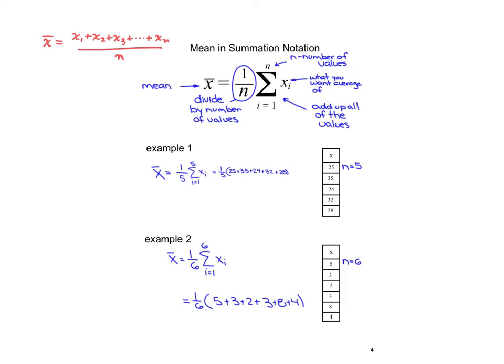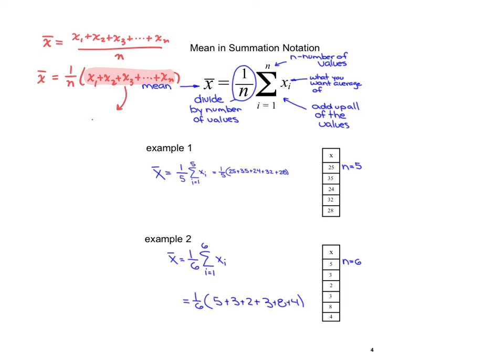So x bar is really 1 over n times this sum of our first n tests. Now this x1 plus x2 plus x3 can be signified using a shortened notation.